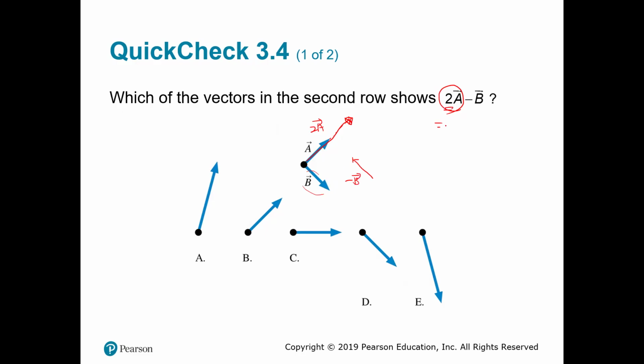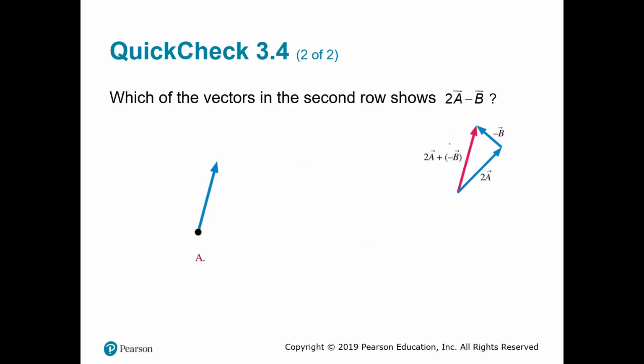And then again, you want to add this 2A vector plus minus B vector. So you draw the 2A vector first. If I redraw this 2A vector, it's something like this. This is A vector, 2 times longer. And this is minus B vector. So the answer 2A plus minus B vector is simply this vector. So the answer is A.